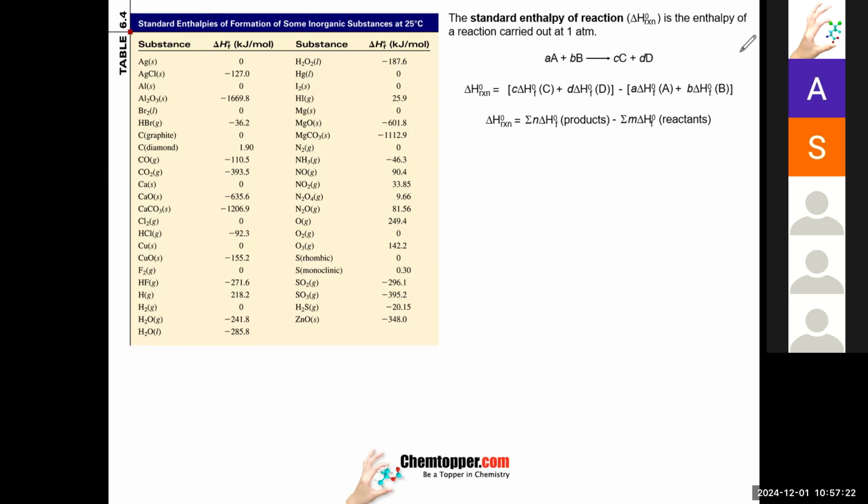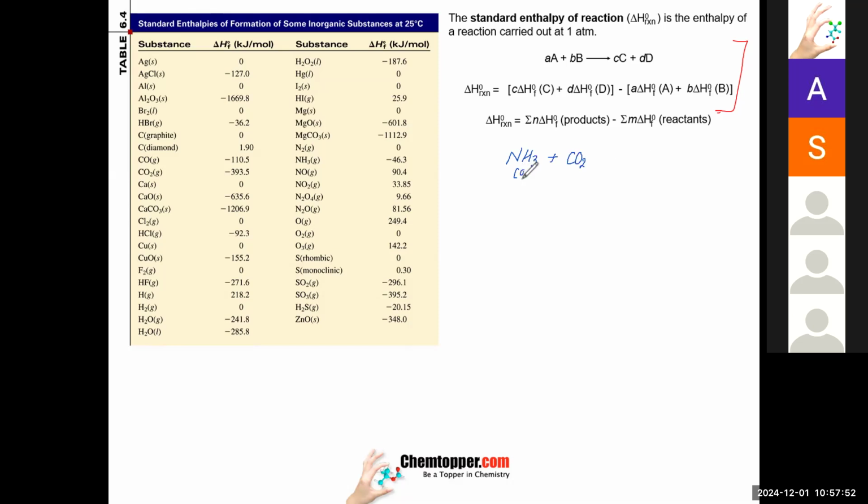So ready to do some questions based on it? I'm going to give you one equation, and you are going to calculate delta H naught reaction, all of you. Ammonia is reacting with carbon dioxide.